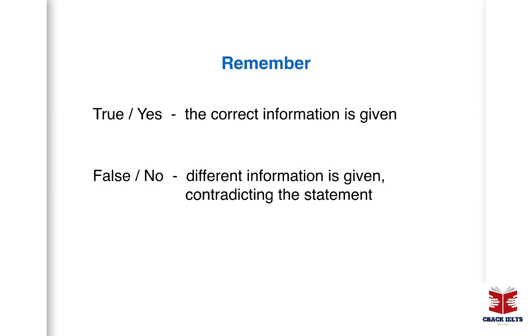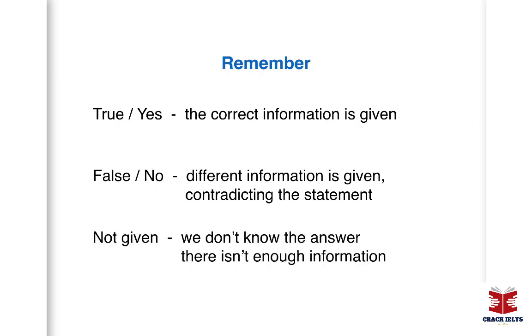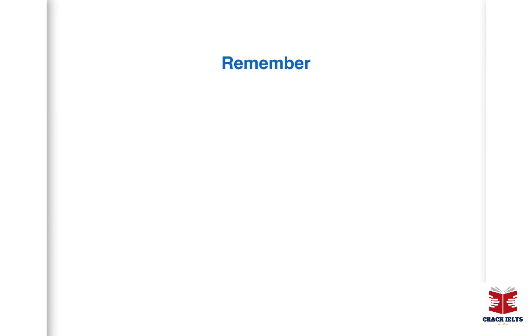So the question states something, but the information in the passage is different or maybe opposite. It proves the statement wrong. And not given is when we don't know the answer because there isn't enough information, or sometimes there isn't any information in the passage.